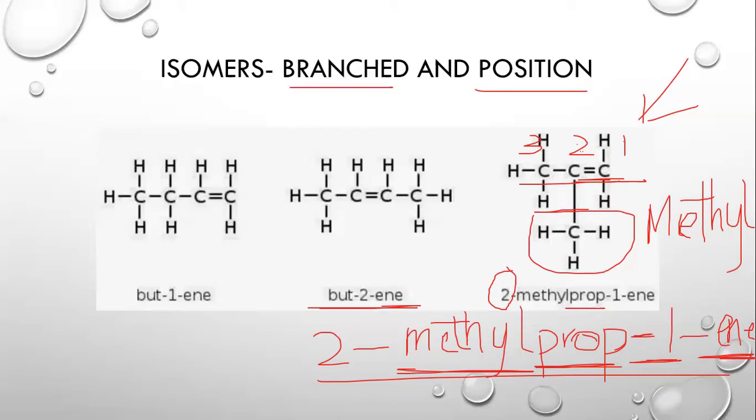Now for position isomers, you just need to know the longest carbon chain, which is but in this one. Then you need to know the numbering of the carbons, and as the functional group is present on one carbon, you choose this, and then the last part is the suffix of alkene, which is "ene."